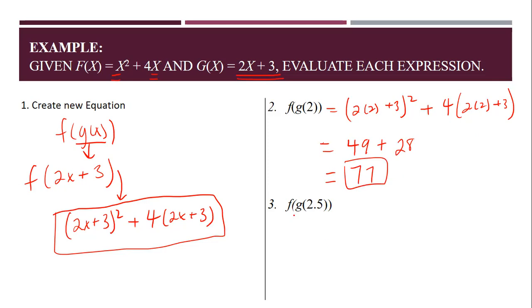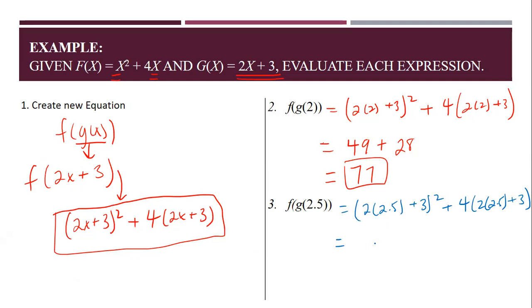Okay, because it's the exact same composition, I'm going to use the exact same rule again. Does that make sense? But this time, instead of just plugging in 2, we're plugging in 2.5. So we have 2 times 2.5 plus 3 squared plus 4 times 2 times 2.5 plus 3. And we're going to do again, PEMDAS it.